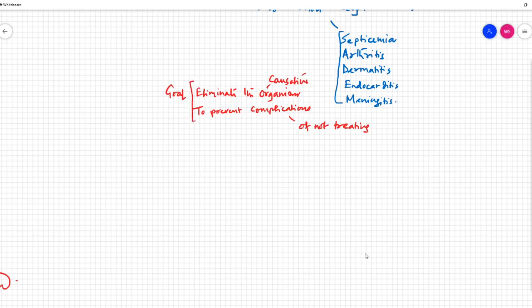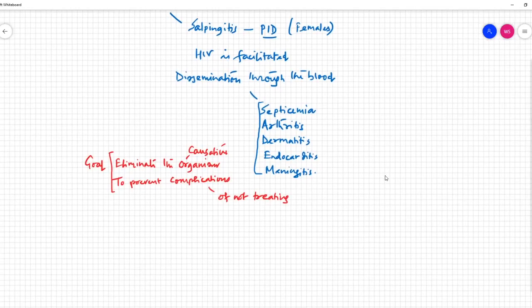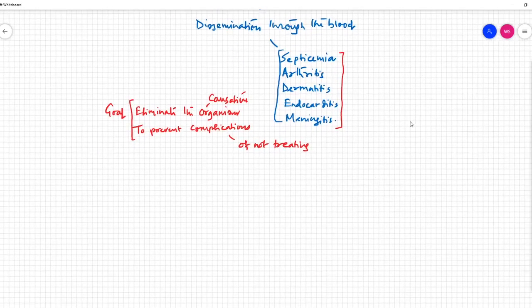Now, what we can observe from all these symptoms that we have talked about is there is infection in the blood, there is infection in the synovial fluid, and then in the skin, in the heart, and in the CNS. So our drug should be such a drug that penetrates into all these tissues.